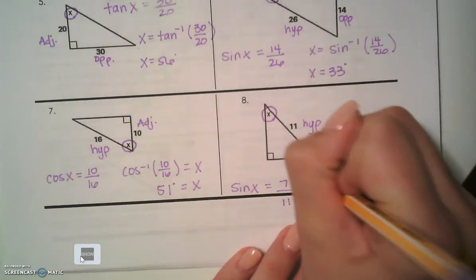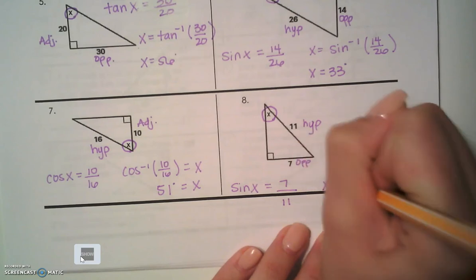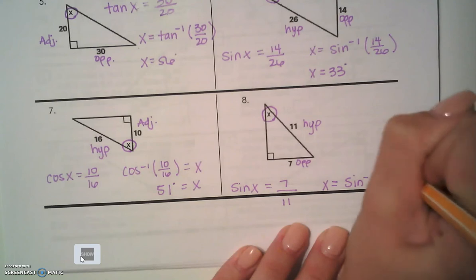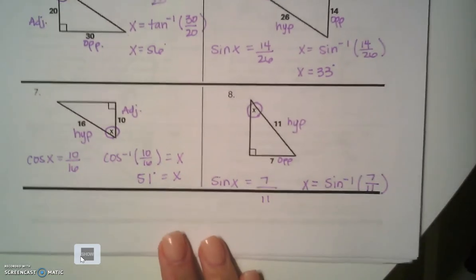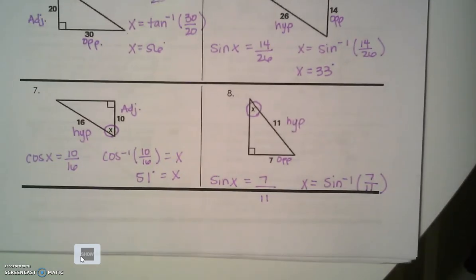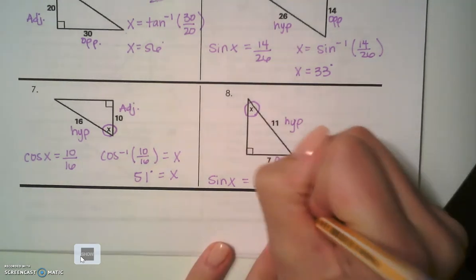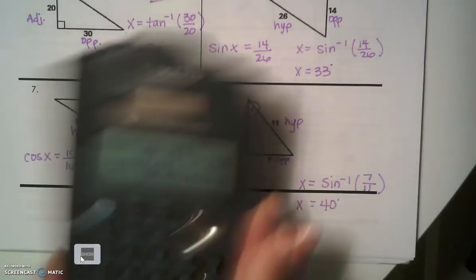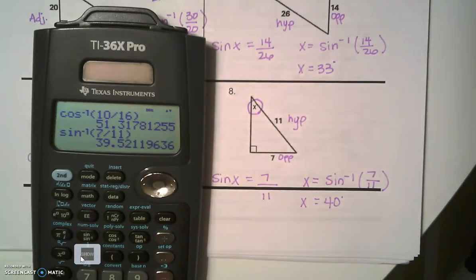So x will be equal to that inverse sine function, 7 over 11. So 7 divided by 11. And if I round to the nearest whole degree, that's 40 degrees. So there's my math for those last two.